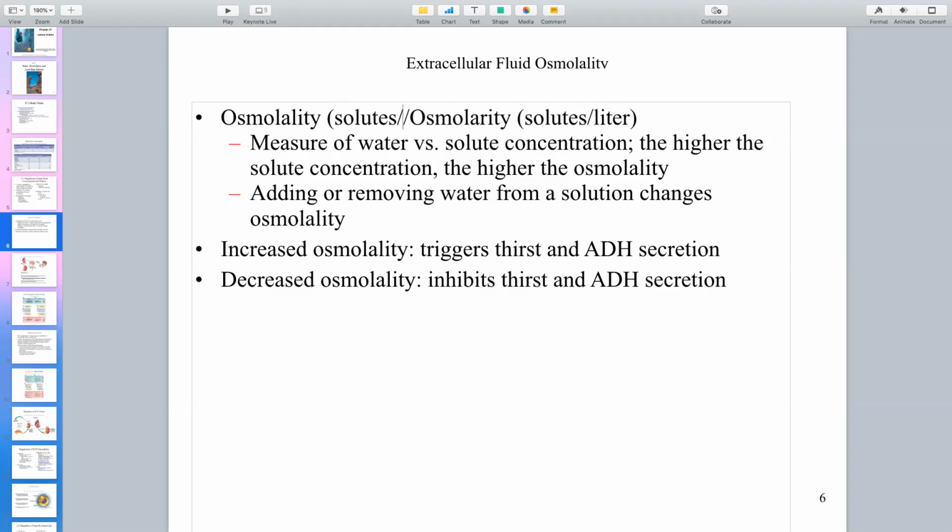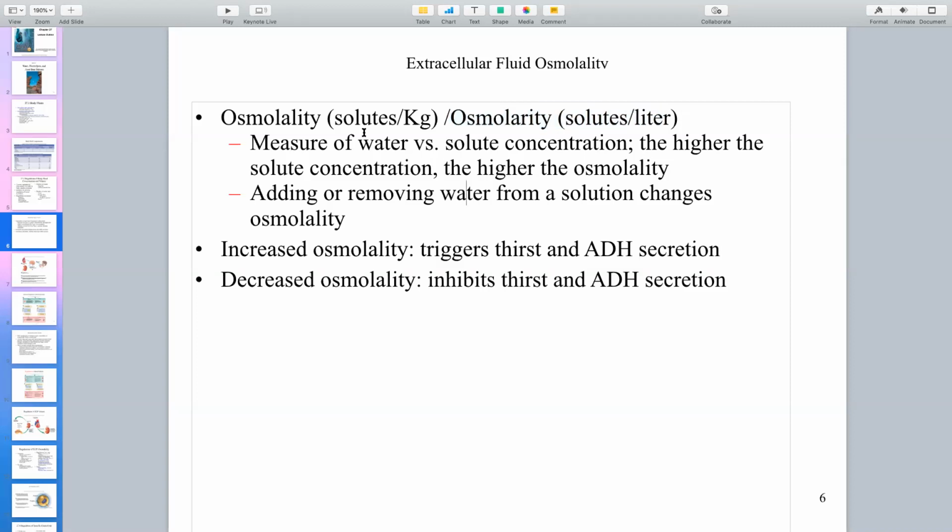So one is solutes per liter, the other is solutes per kilogram. If somebody is completely dehydrated, do you want to take that bag of saline and weigh it, find the scale? Not really, especially when the bag already says liter on it. So medically we use this term.